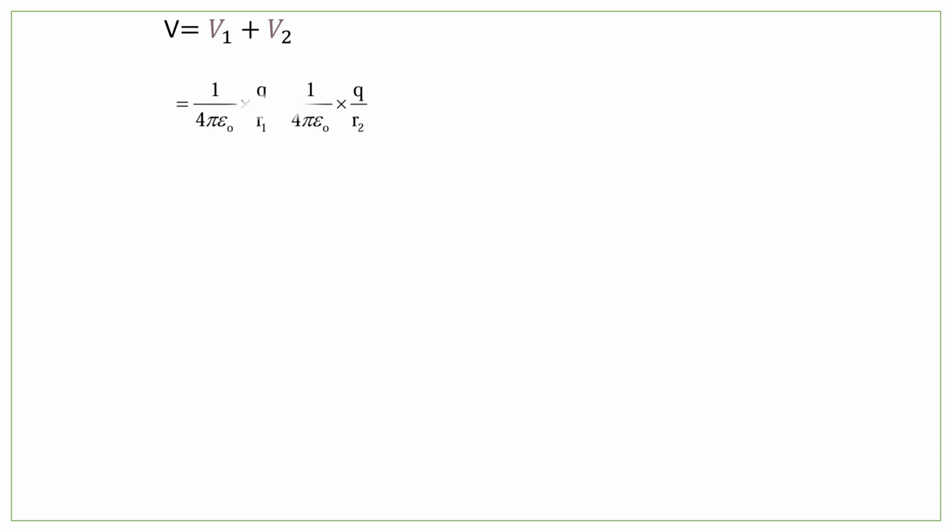Substitute equation 1 and 2 in the above equation. We get V is equal to 1 by 4 pi epsilon naught Q by R1 minus 1 by 4 pi epsilon naught Q by R2. On taking terms common, we get V is equal to Q by 4 pi epsilon naught into bracket 1 by R1 minus 1 by R2.